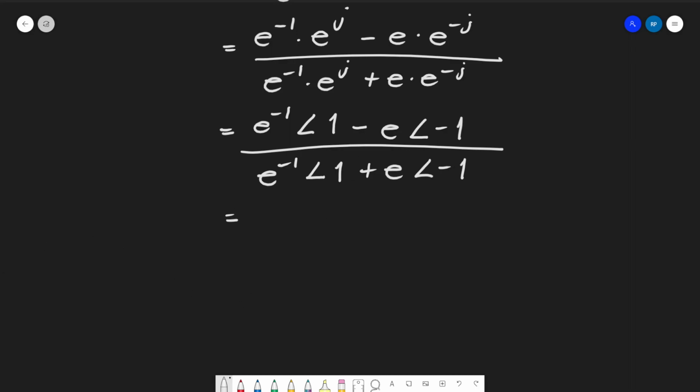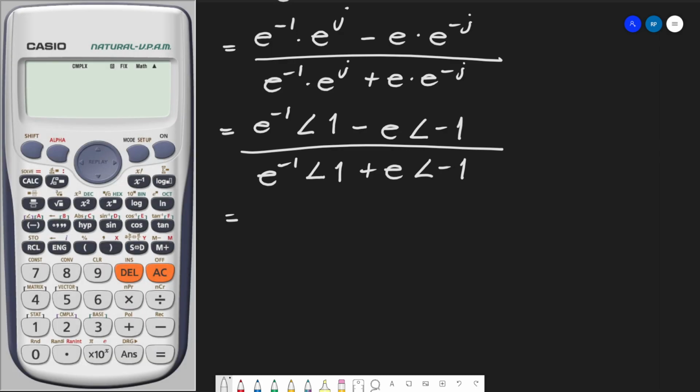So we have e raised to negative 1, so that is shift e raised to negative 1, angle 1 minus e, alpha exponent para lumabas yung e na walang exponent.